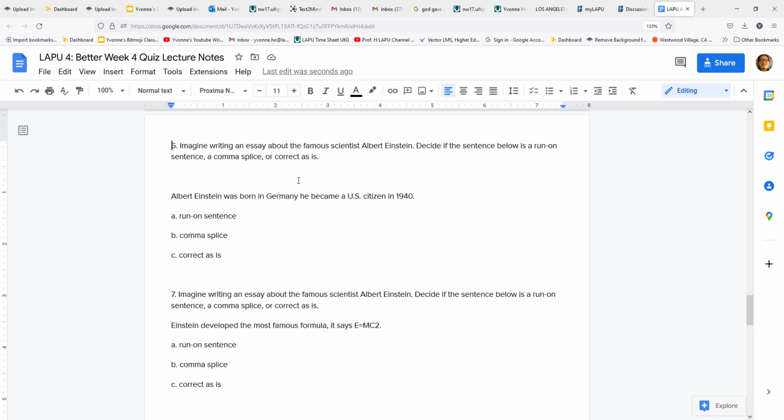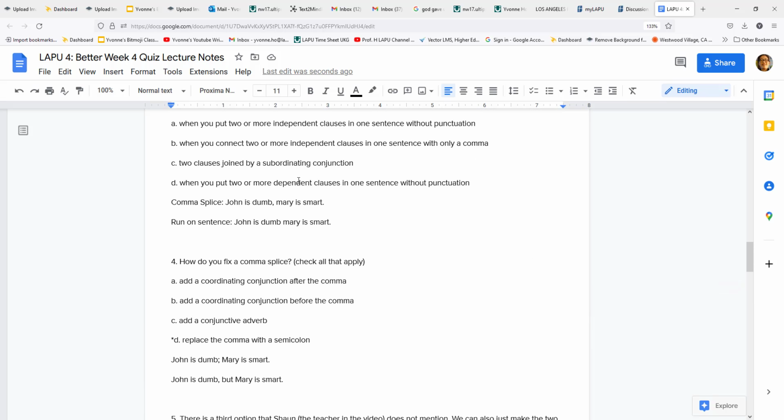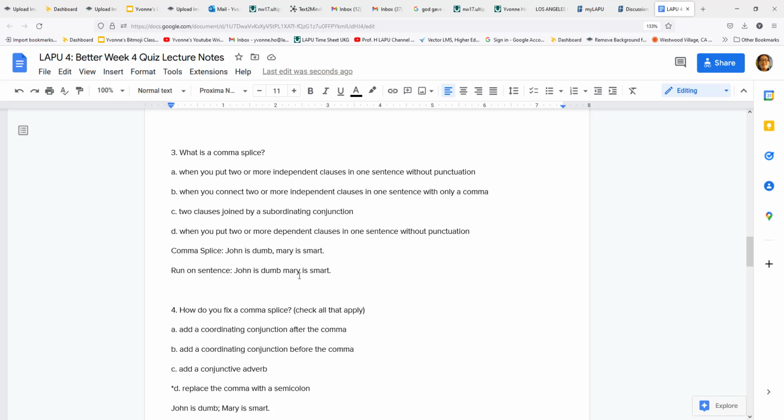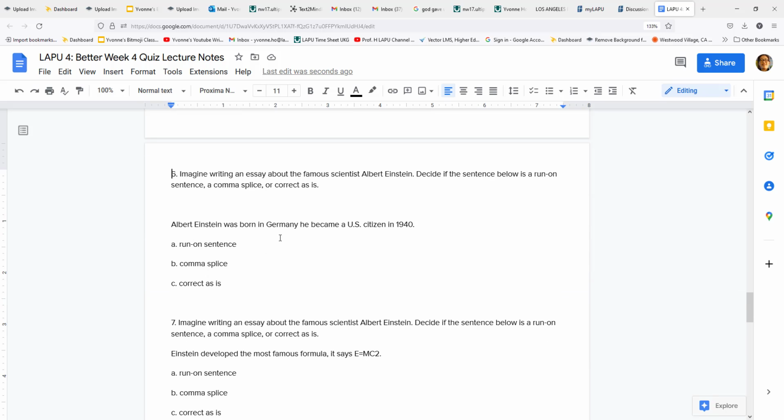So remember that I said that the difference between a comma splice and a run-on sentence is that when you have a run-on sentence, there is no punctuation at all. A comma splice is when you have an unnecessary comma. So that's the difference between the two. And so here you have no punctuation whatsoever, so the answer is it's a run-on sentence.